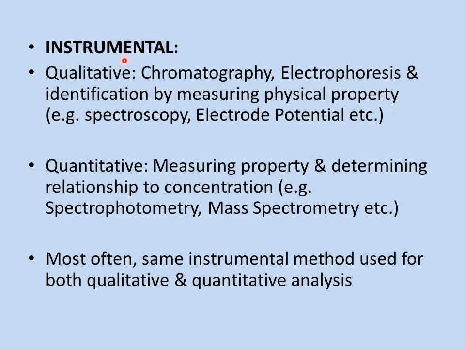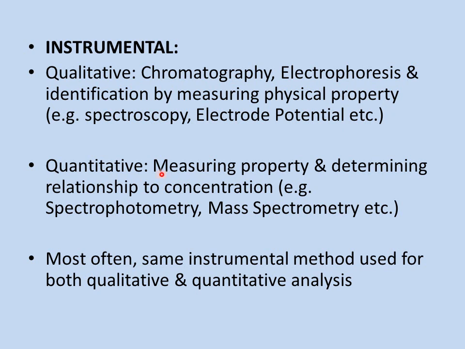And then instrumental methods. So how is qualitative analysis being performed in instrumental methods? It's being done by the use of techniques like chromatography, electrophoresis, and by identification by measuring physical property, like it's being done in spectroscopy, electrode potential, etc. And how is quantitative analysis being performed in these methods?